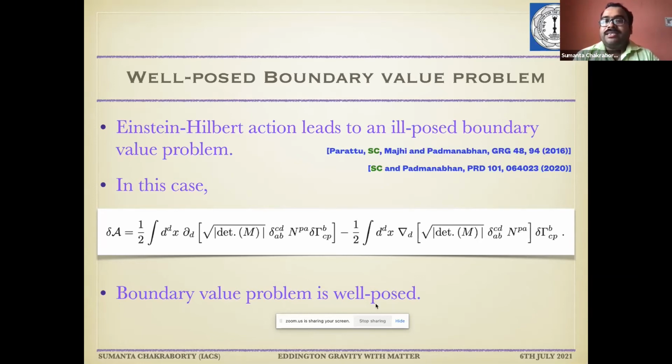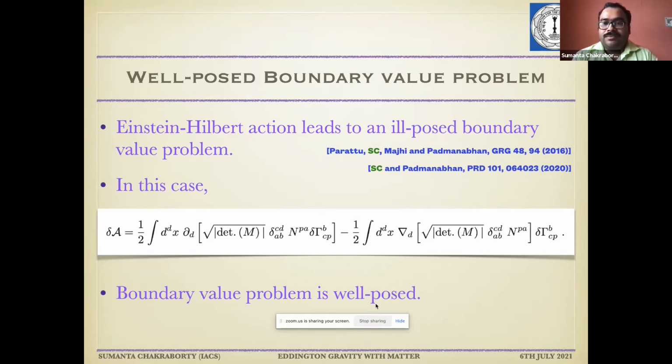And therefore, one has to add the additional terms like 2K root h, which is the Gibbons-Hawking-York boundary term for space-like or time-like surfaces, and 2 into theta plus kappa into root q for null surfaces. And these two references discuss various aspects of this boundary term, in particular connection with null surfaces.